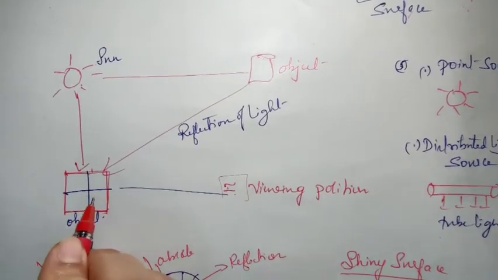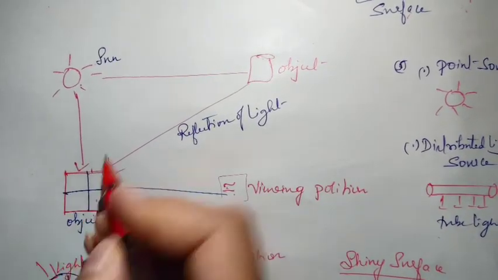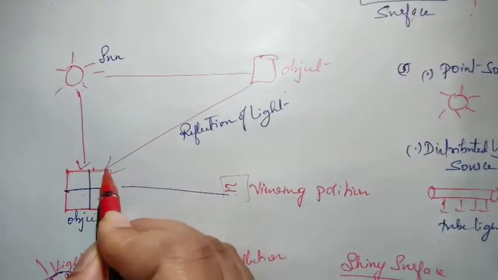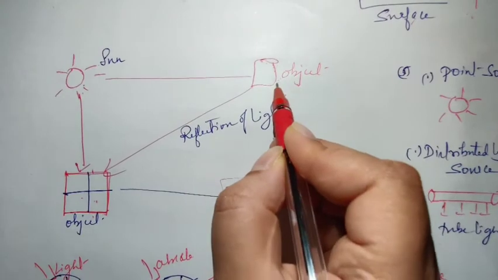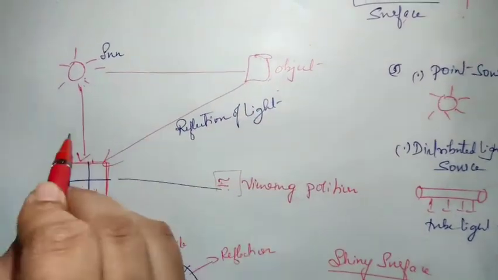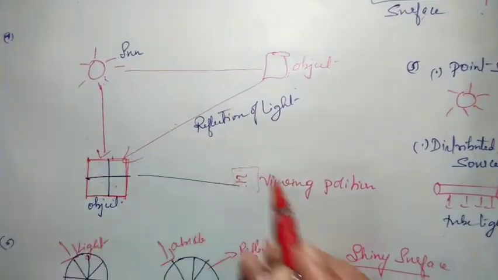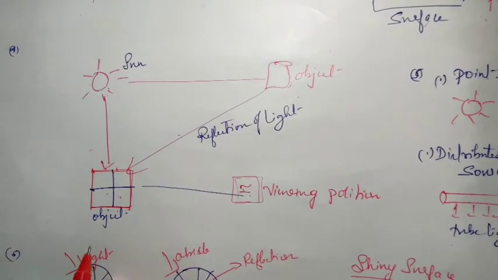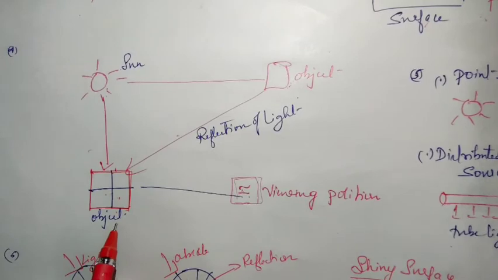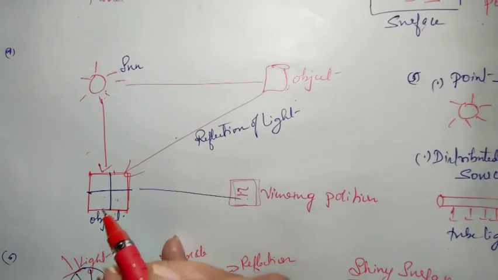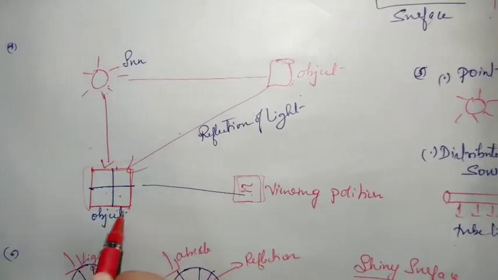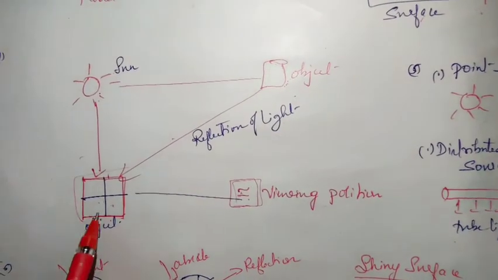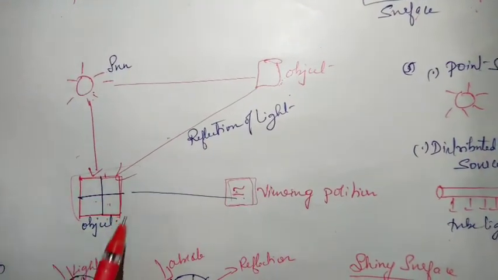So we can see this object based on the direct light source or the reflection of light by another object. By this combination of light sources we are viewing the object, so it's very important to calculate the total intensity of the object. Using this illumination model, we can find the total intensity.